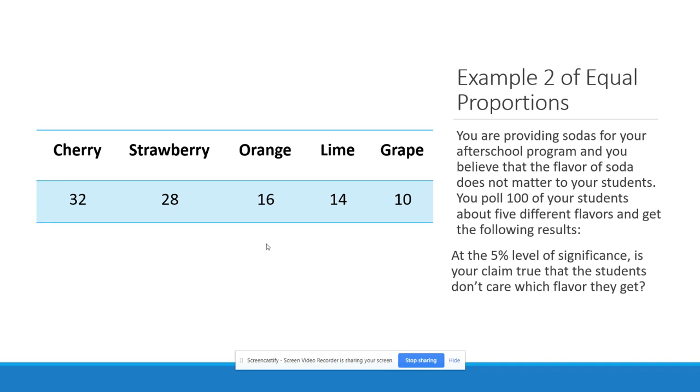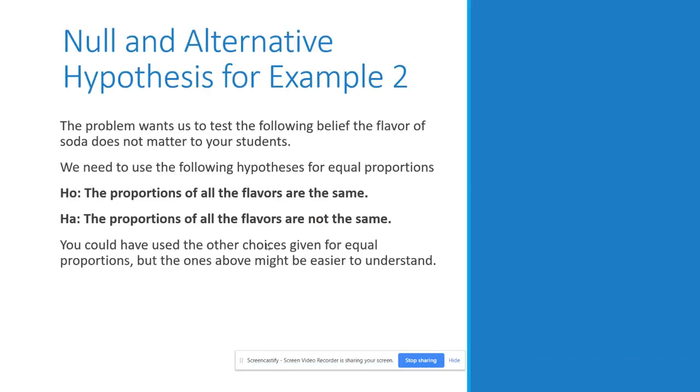So another way to say that you don't care about the flavors your students get is that the flavors occur equally. So if I made my hypothesis, my null would be the proportions of all the flavors are the same. And again, remember, the null is the equality sign. It's everything is equal.